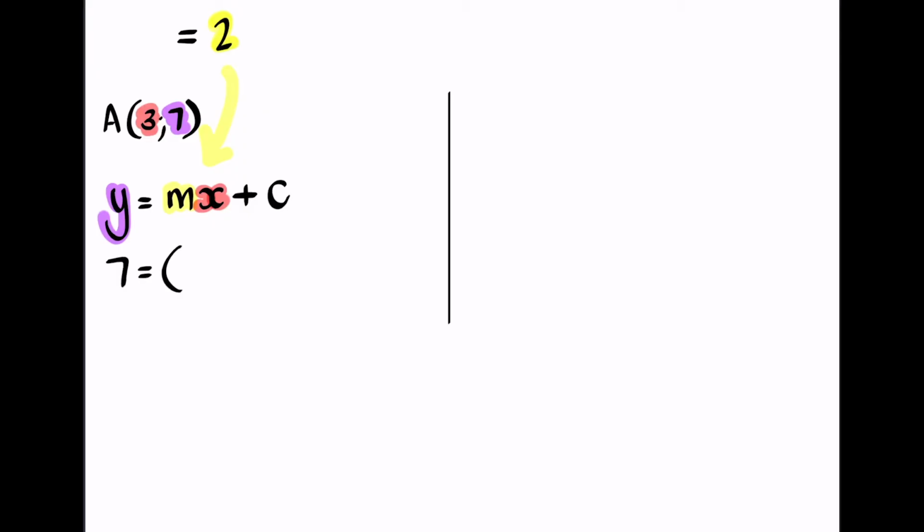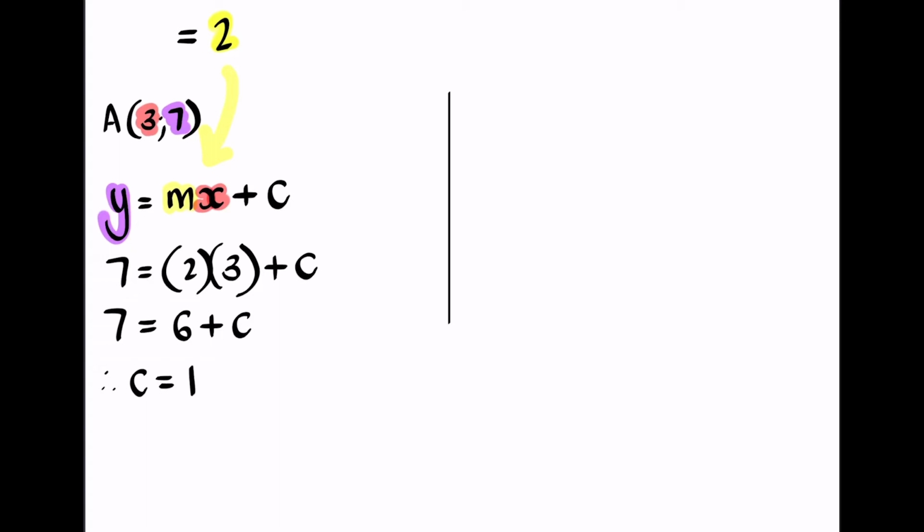So 7 is equal to m, which is 2, times x, which is 3, plus c. So 7 is equal to 2 times 3, which is 6, plus c. Therefore c is equal to 7 minus 6, which is 1.